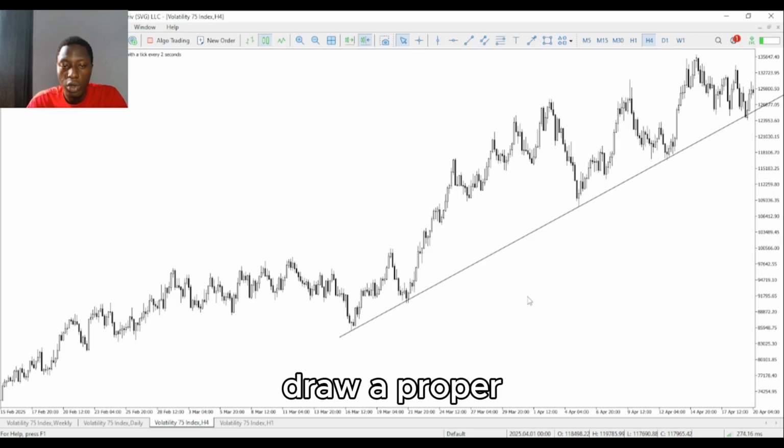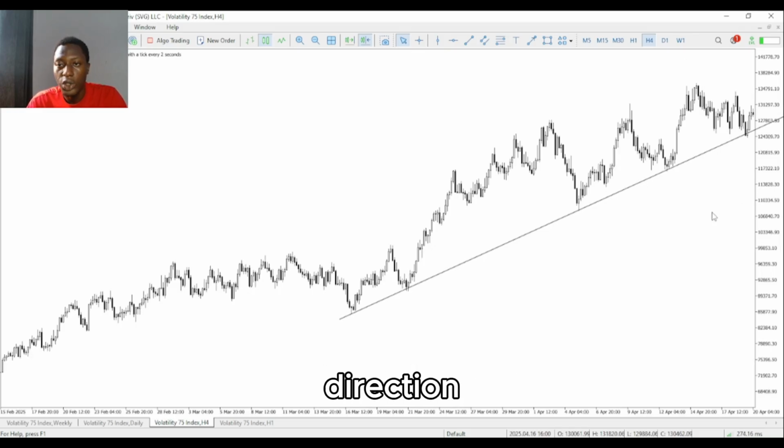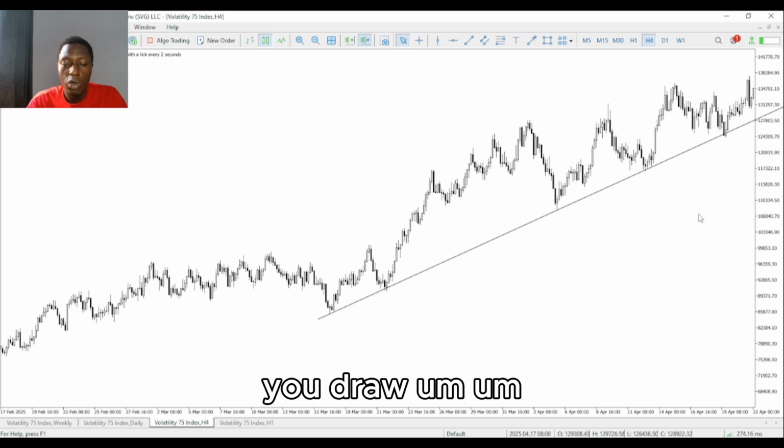That is what will help you draw a proper trend line, because if you fail to identify where the trend direction is going, you will find out that you draw a trend line that fails and takes you out all the time. It always fails because you draw it in the wrong market condition. For example, now this is an uptrend.